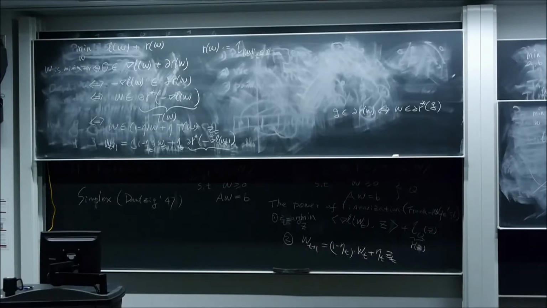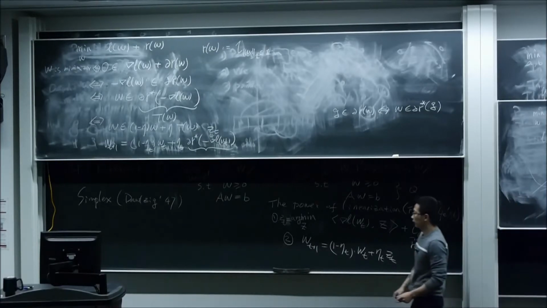This is a negative number, and this is a quadratic term of eta t. So if eta t is really small, this one is negligible, and you're going to have this middle term here, which is negative. That's why the objective value of your next iterate is going to be smaller than your objective at the current state, because this thing is negative, and the quadratic term can be ignored when the step size is small.